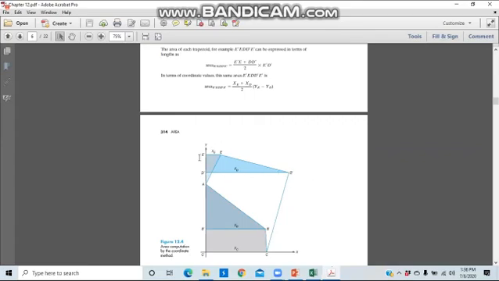D dash D and E dash E are two parallel lines, and their height is D dash E dash. So the area is E dash E plus D dash D, divided by 2, multiplied by the height, which is along the y-axis, D dash E dash. Did you get that point? Yes, sir. All right.